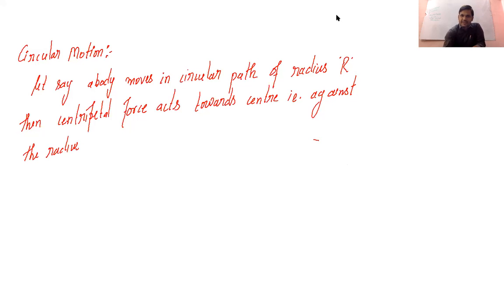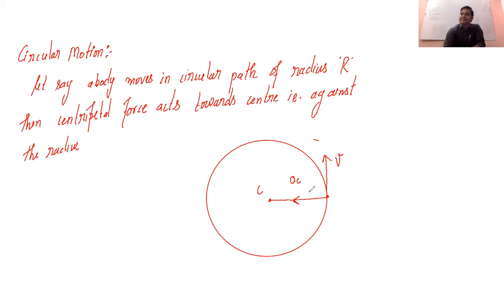Suppose a person is moving in a circular path like this, and it has velocity v. Then there will be a centripetal acceleration acting towards the center. This is, let's say, the center.